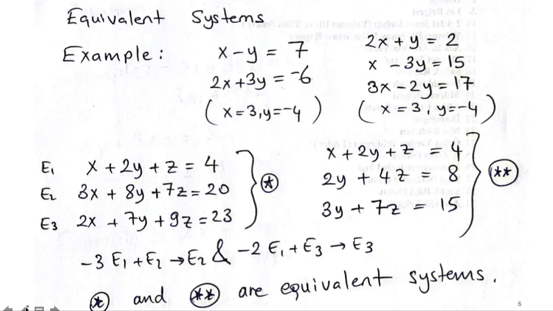Another term here that we would like to introduce is the so-called equivalent systems. And here's an example. We have x minus y equals 7, 2x plus 3y equals minus 6, and here actually we can solve this system, and you can verify this easily, right?